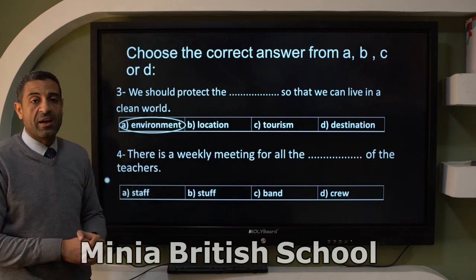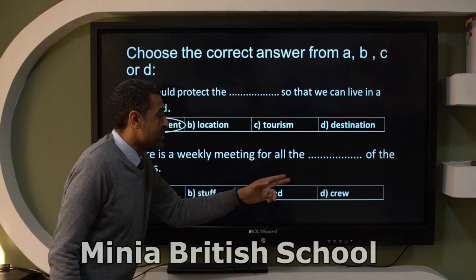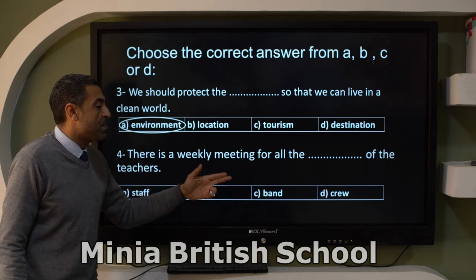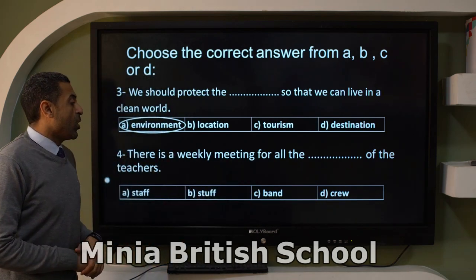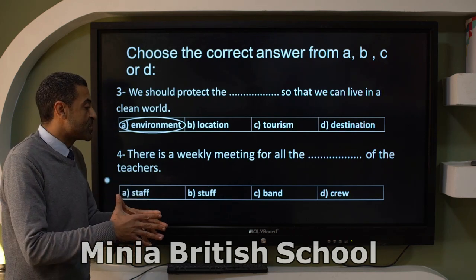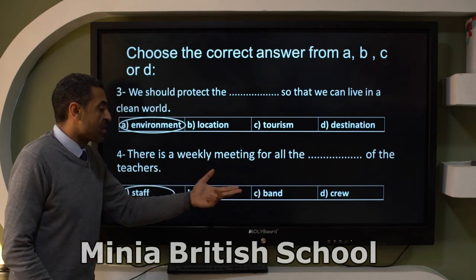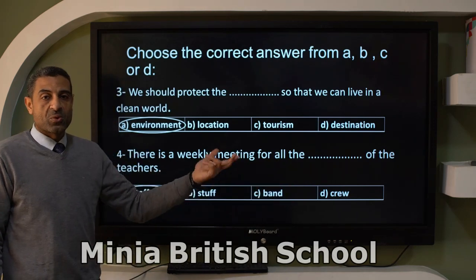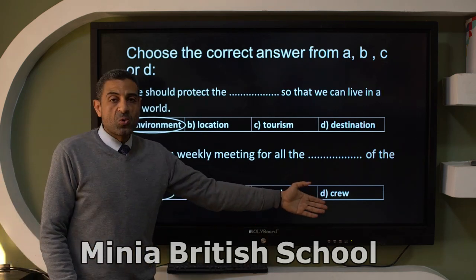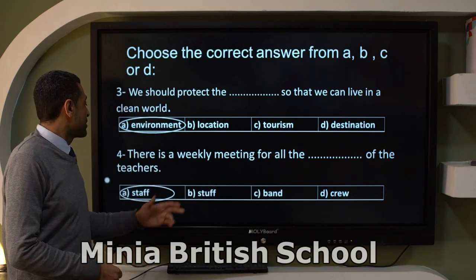Number 4: There is a weekly meeting for all the blank of the teachers. Here we have staff, band, and crew. These words are groups. The answer will be staff, the staff of the teachers. I cannot say band or crew. Band is a music band, and crew is always on ships or planes, not teachers.